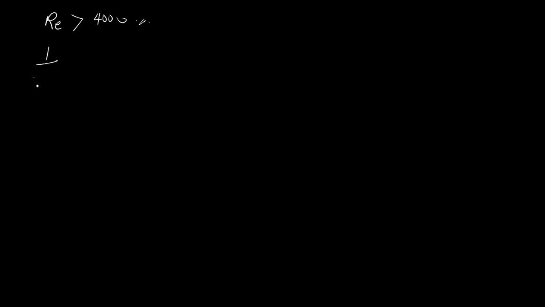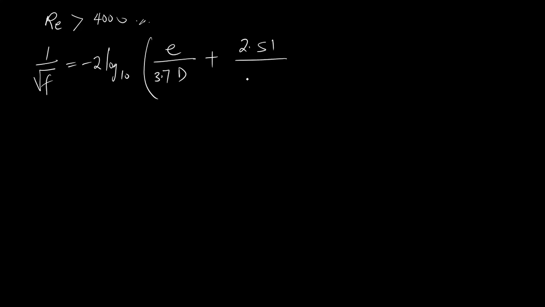We are going to make use of this formula to find the friction factor, which is 1 all over the square root of the friction factor is equal to minus 2 log to base 10 bracket open E divided by 3.7 internal diameter plus 2.51 divided by the Reynolds number square root of F.